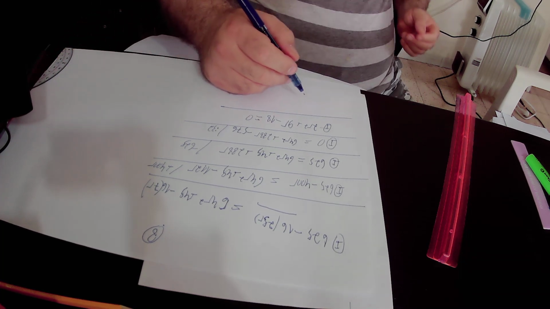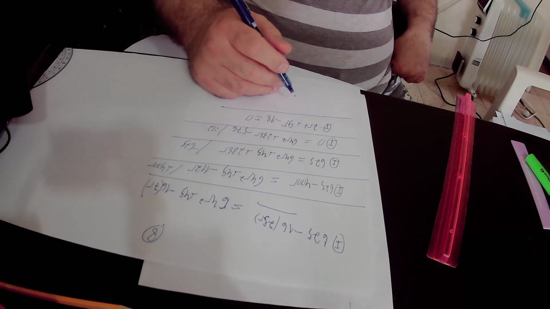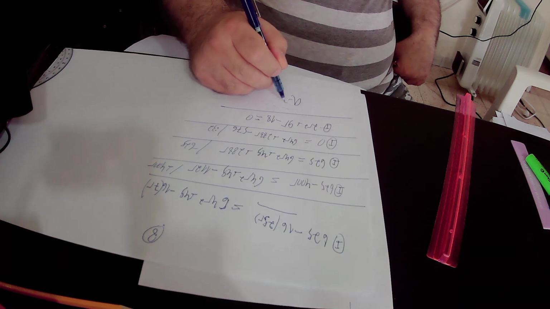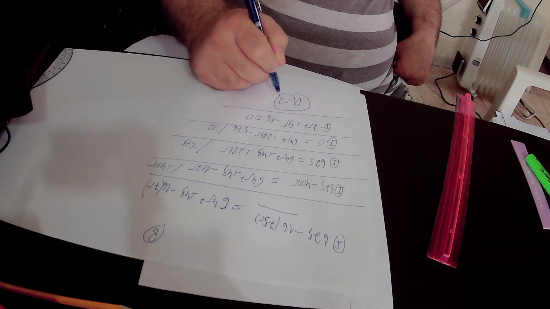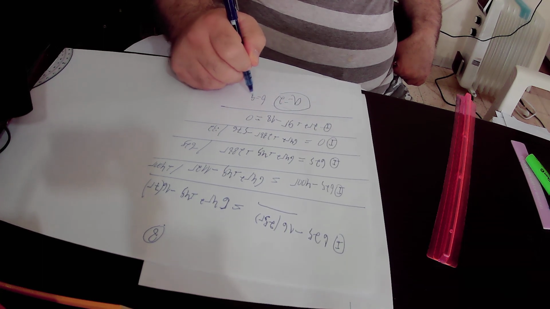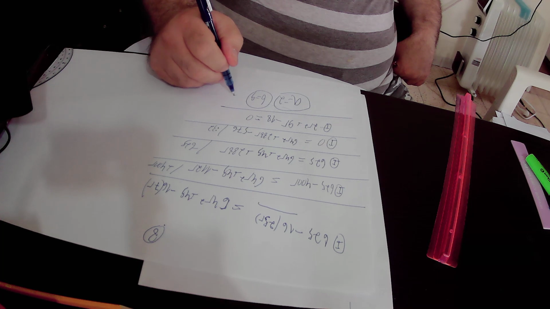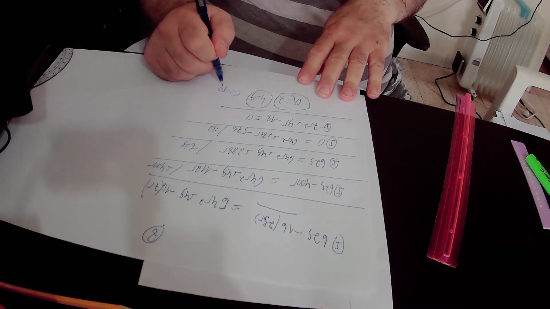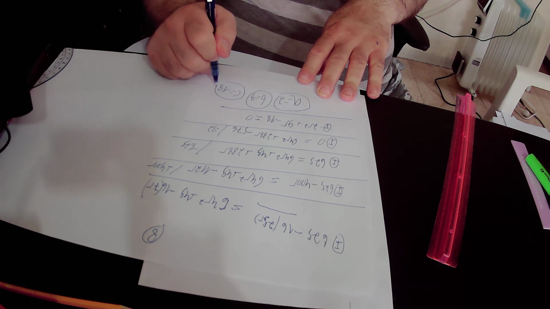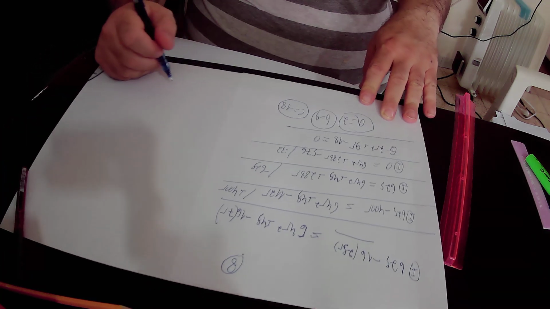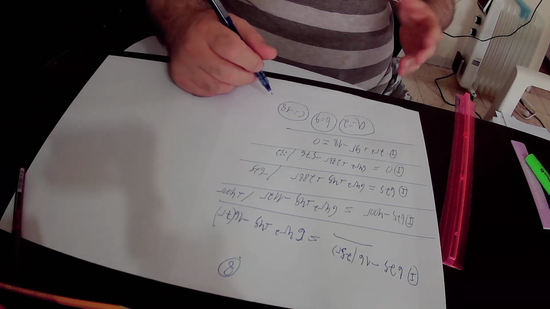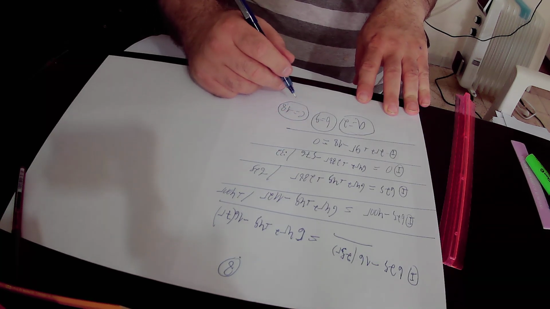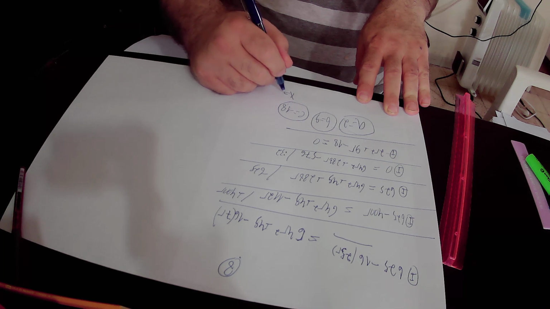In this quadratic equation, the coefficient A equals 2, the coefficient B equals 9, and the coefficient C equals minus 18. And the variable that we are looking for in this quadratic equation is r, so x equals r.